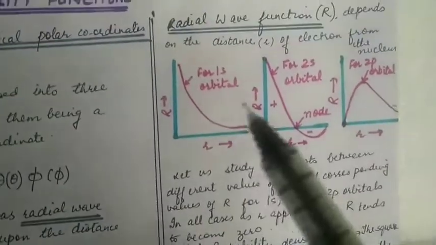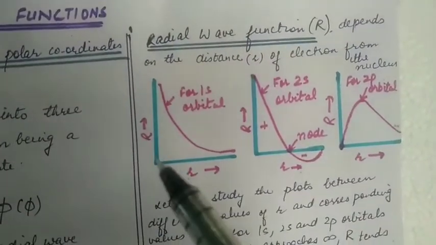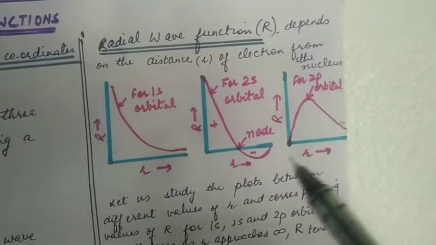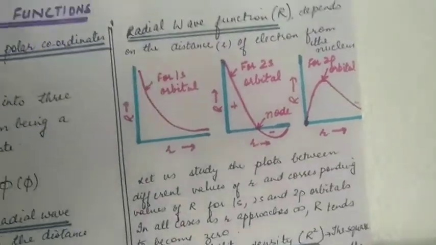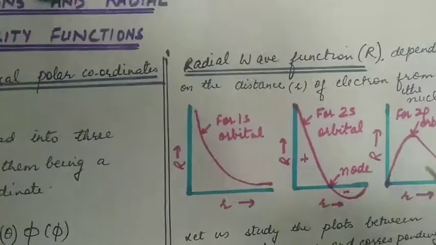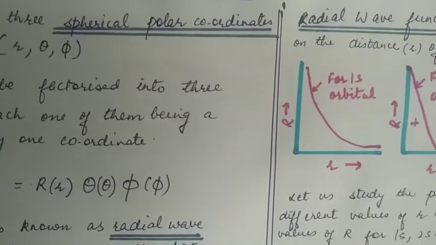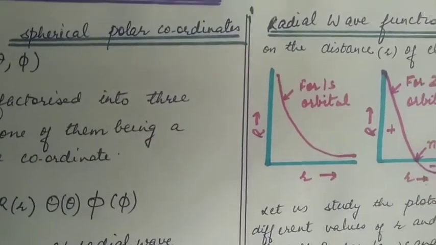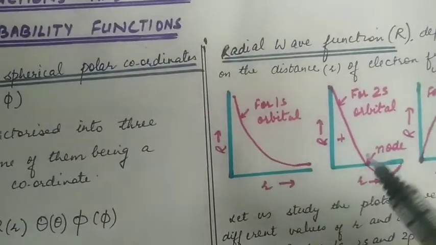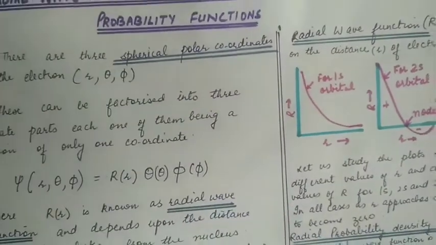As r approaches infinity, the value of radial wave function is 0 for all these plots. In case of 2s orbital, there is a node. The value of radial wave function changes from positive to negative.